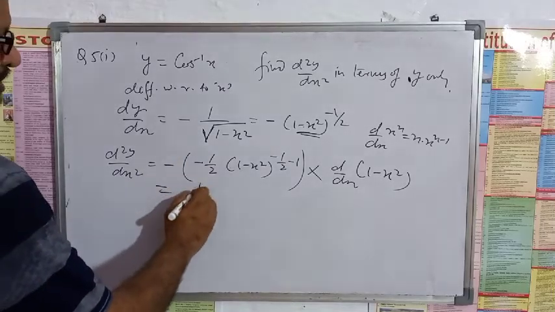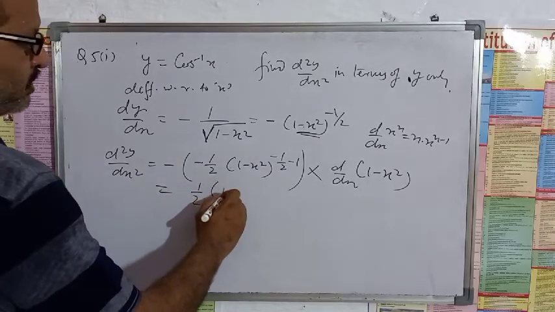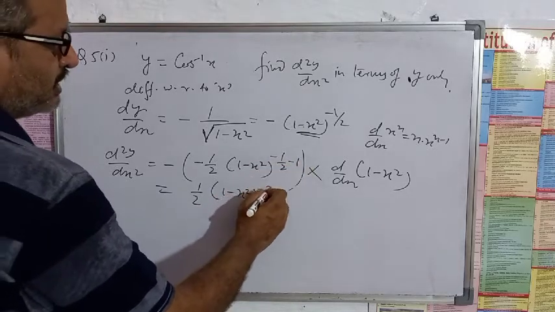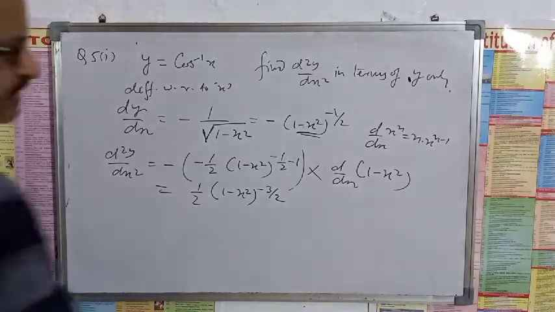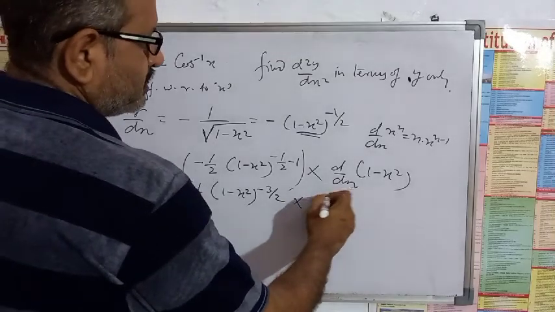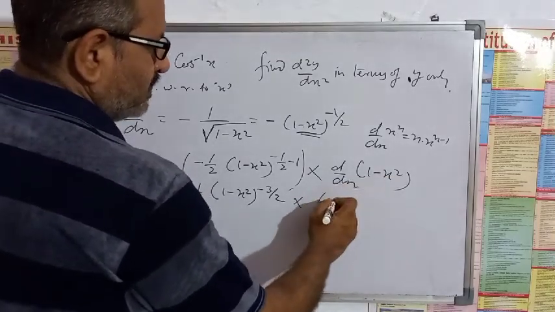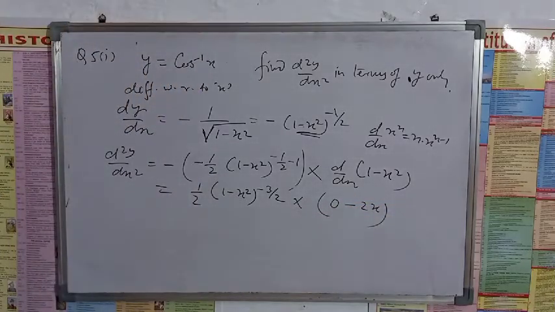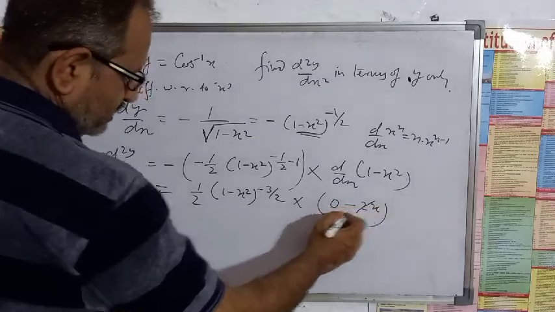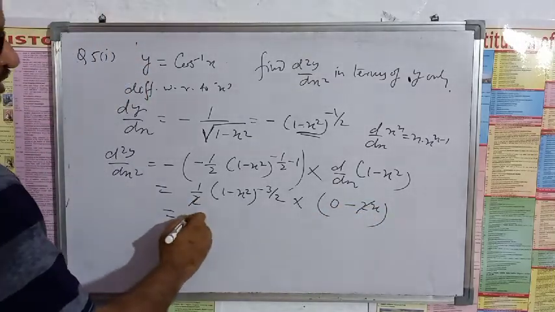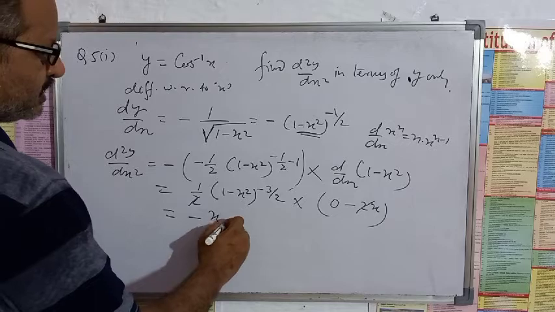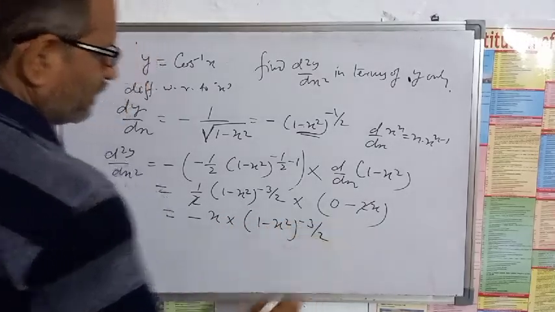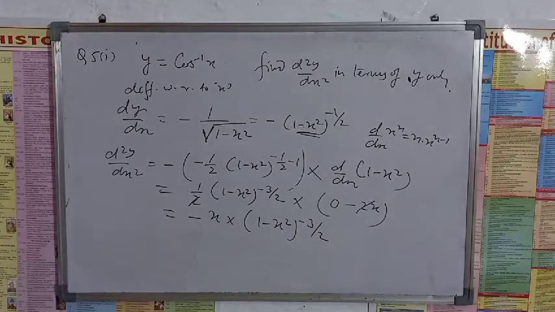Minus into minus plus 1 by 2, 1 minus x square to the power minus 3 by 2 into, differentiate it: 1 is constant, 0, x square differentiation is minus 2x. We can cancel this 2. So it will be minus x into 1 minus x square to the power minus 3 by 2.